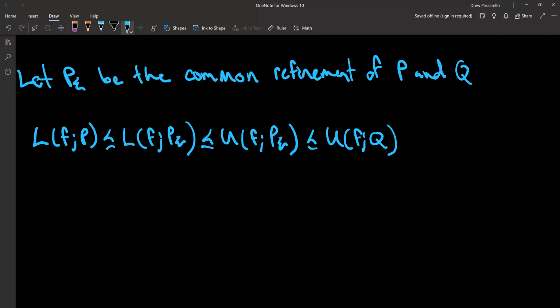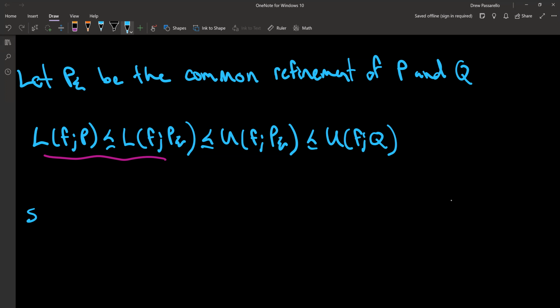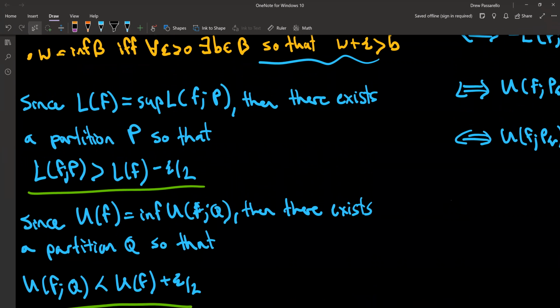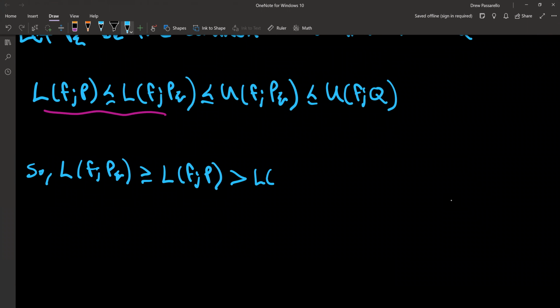All right, so focusing on just this part and combining it with what we stated earlier: the lower sum of this particular refinement P of epsilon is greater than or equal to the lower sum of pretty much all partitions P. And for that specific partition P, we have that this is greater than L of f minus epsilon over 2.